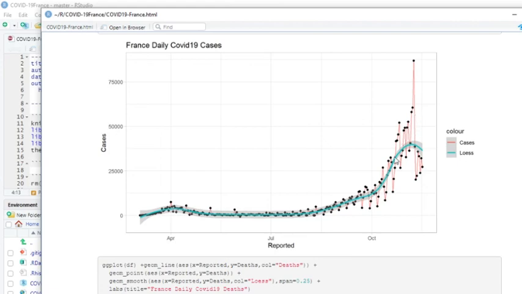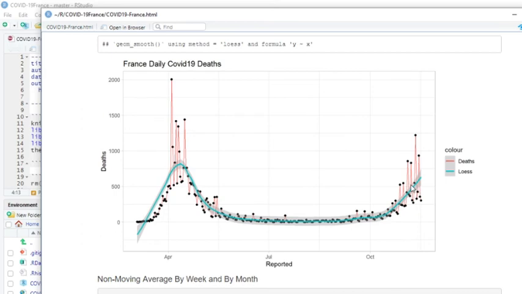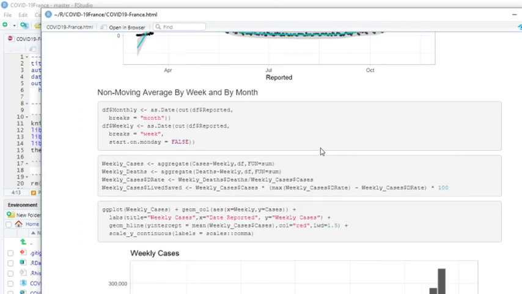These almost look like another of those times where they don't report numbers daily on the weekend. But you can see that if this is 5,000, say 30,000 here, cases. Deaths are increasing a little bit.